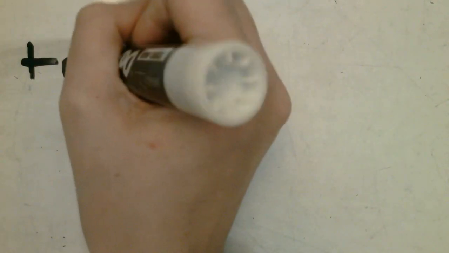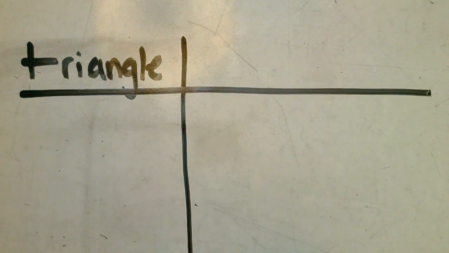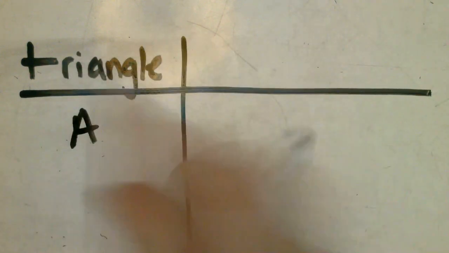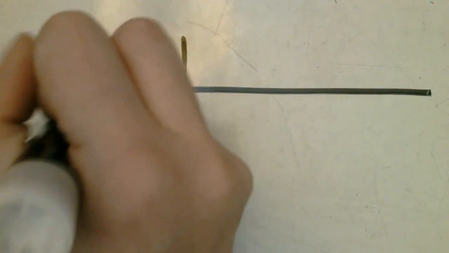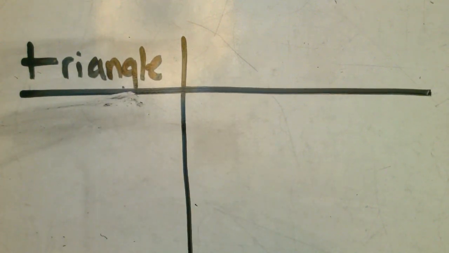I'm going to write that a little bit bigger so we can read it. There we go. Triangle. And in that category, we'll write the triangle letter on it. So if it's triangle A or triangle 1, we'll write that down just so we don't mix up our triangles and we don't measure triangles more than once.